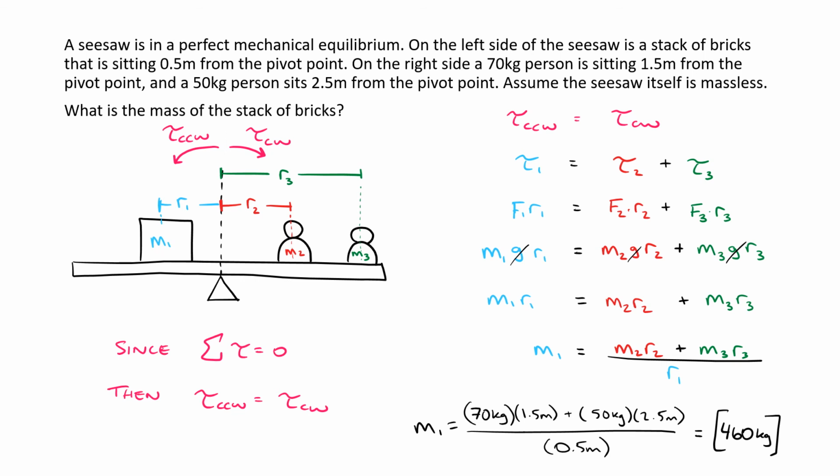So the torque trying to twist it that way is equal to the torque trying to twist it the other way. To label these clearly, the one going to the left is counterclockwise, or CCW, and the one going to the right is clockwise, or CW. So in mechanical equilibrium we have these two torques that are equal and opposite.